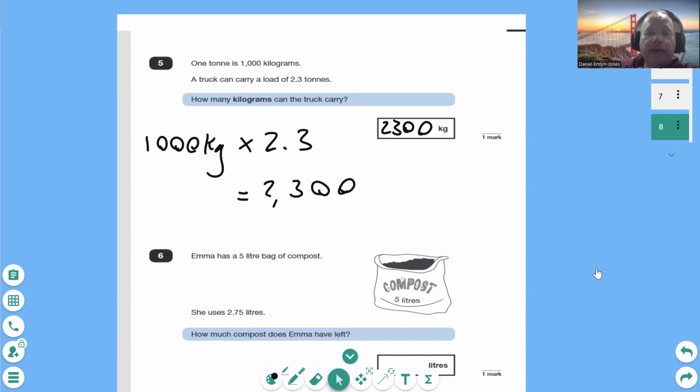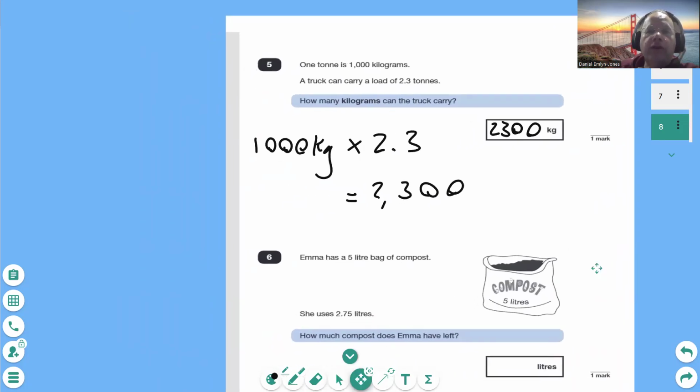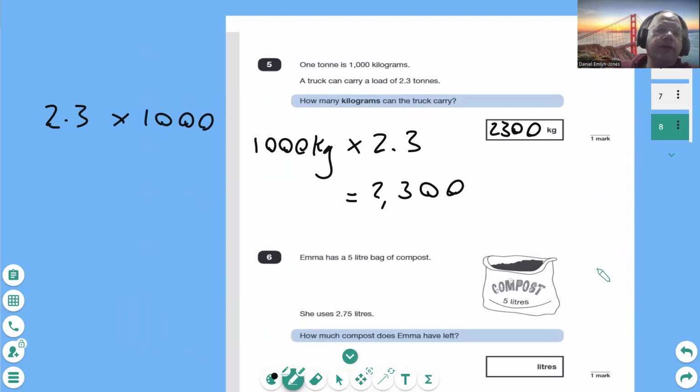How could we do that? Well, you could do it the other way. You could say you've got 2.3 times 1,000. What happens to the decimal point when you multiply by 1,000? It hops. There are 3 zeros in 1,000, so it makes 3 hops. 1, 2, 3. I'll do a separate video on all these things.